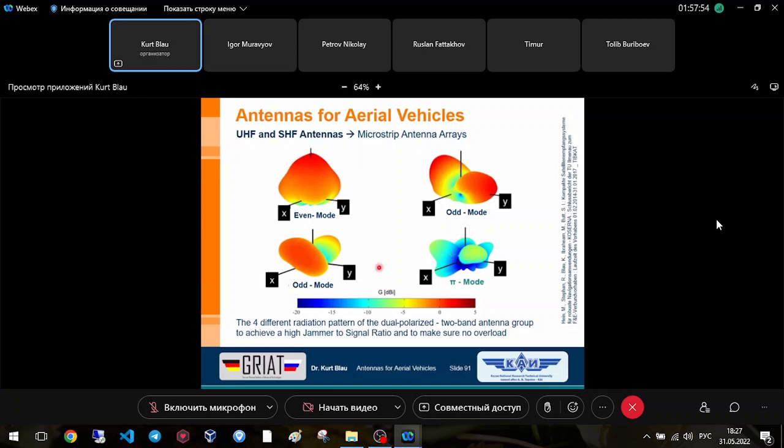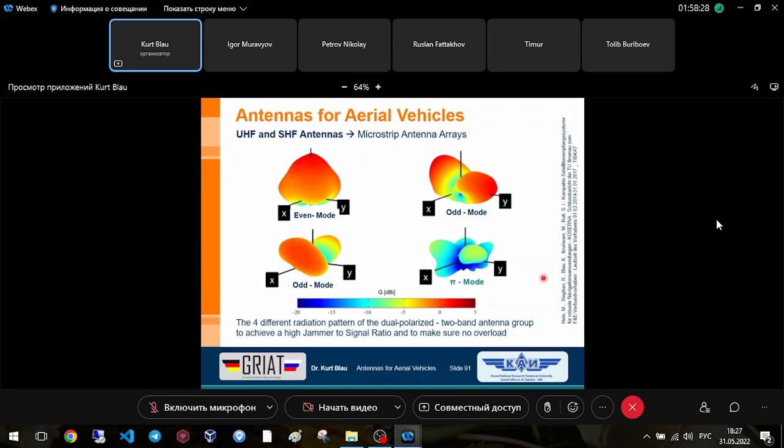And this is what I want to show you here. The reason why we have to realize these different radiation diagrams depends on a lot of things: how to receive the navigation satellites, the problems of distortions, visibility, and so on.